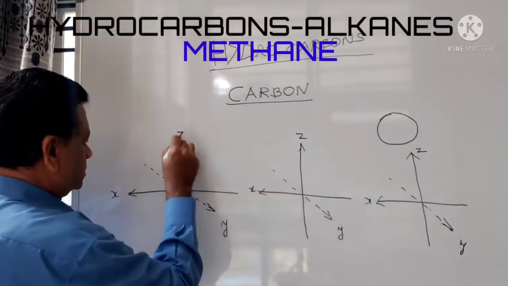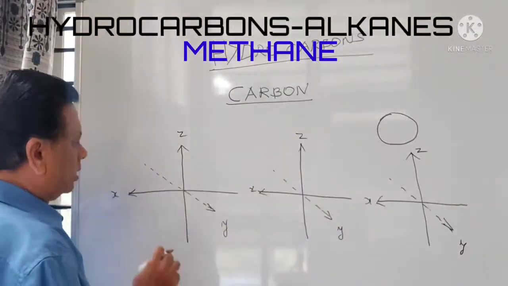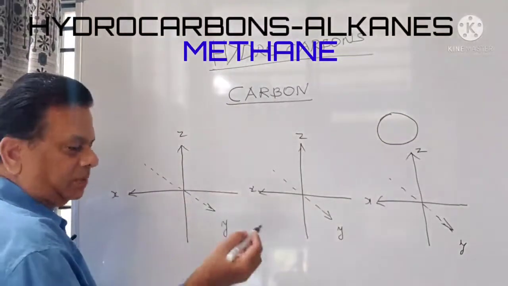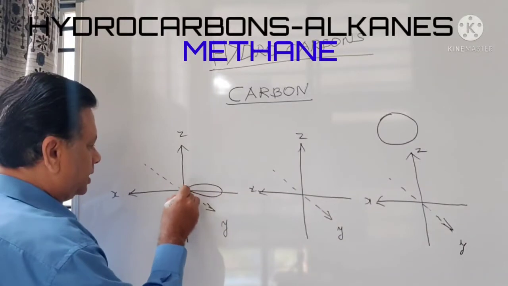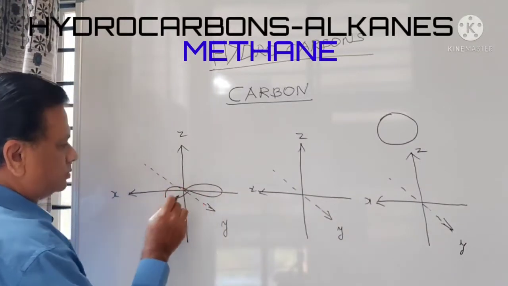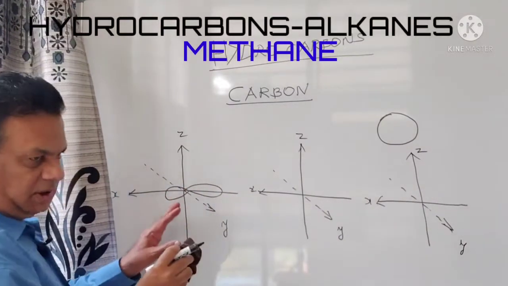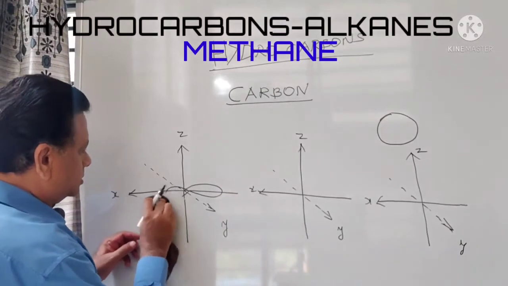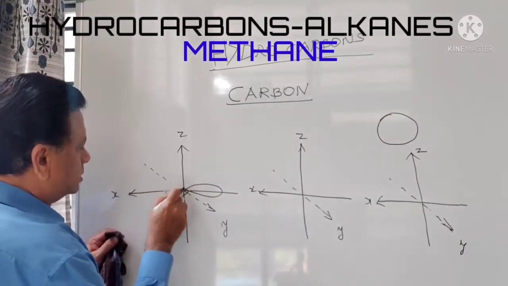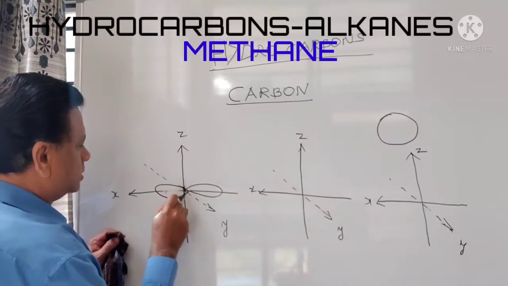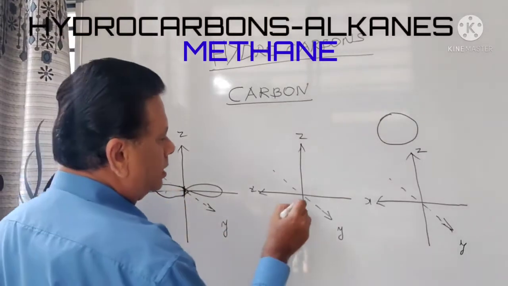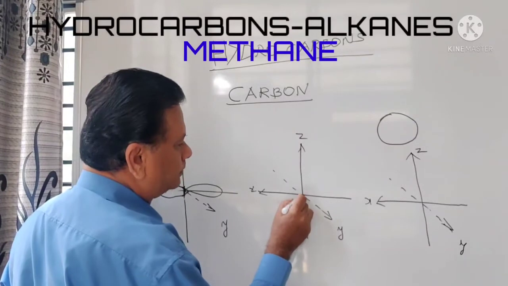Now what is the shape of the px orbital? It will be like this. This is the px orbital. My drawing is not good, but let us see. So it is like this. Px. Now py.